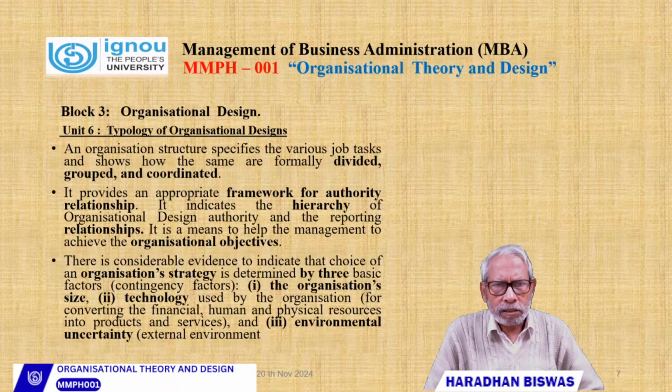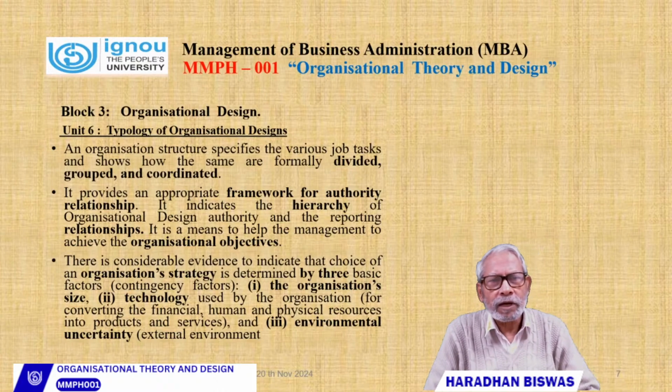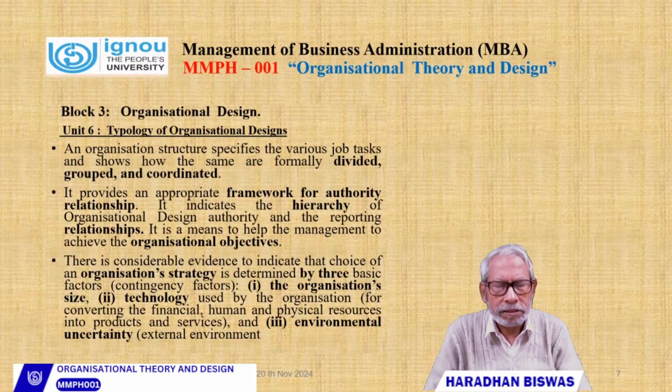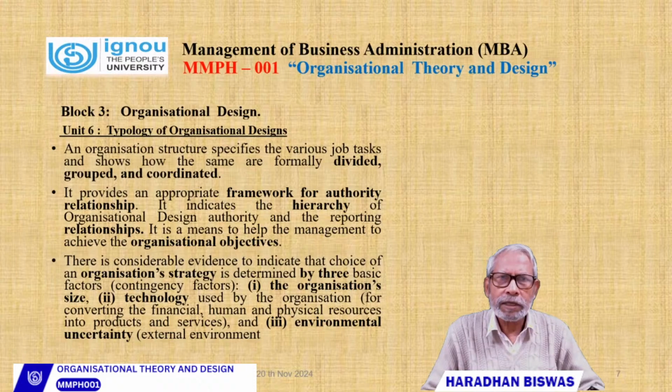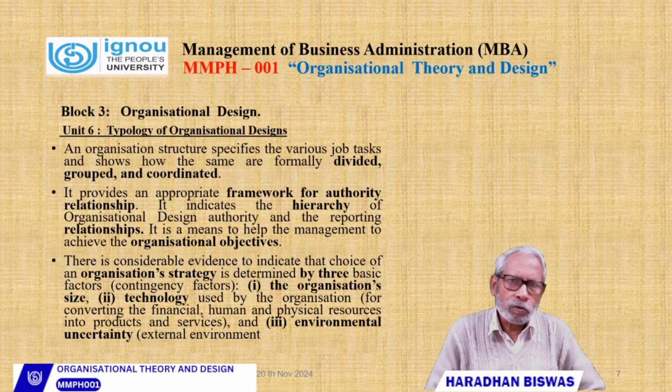An organization structure basically specifies the various job tasks. What are the jobs, level wise, that has been defined, and how it has formally divided. What the way it is divided means finance, marketing, HR, training and deployment. All these things are divided and grouped and coordinated to each other.